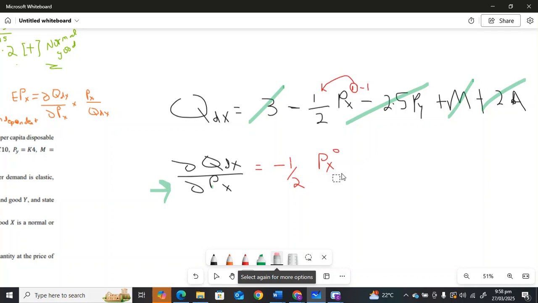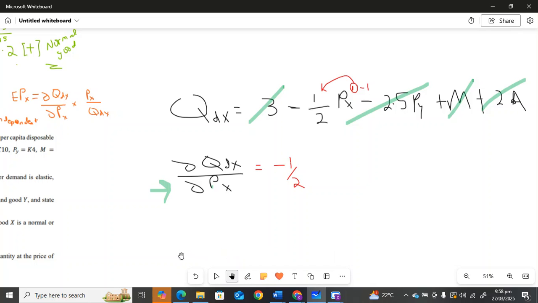Yes, 1. So this is our partial derivative here. Now we've just done the first part of the equation, because we have to multiply it by the price px over quantity demanded of good x, so that we can get our final value and determine the elasticity of demand.